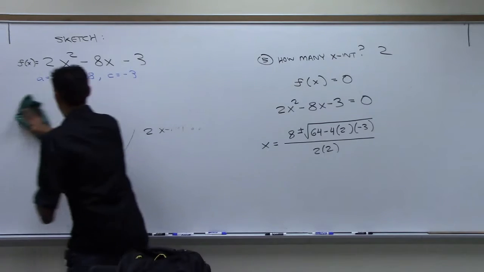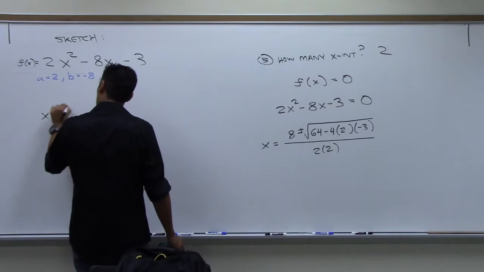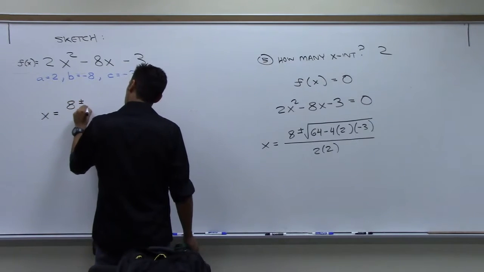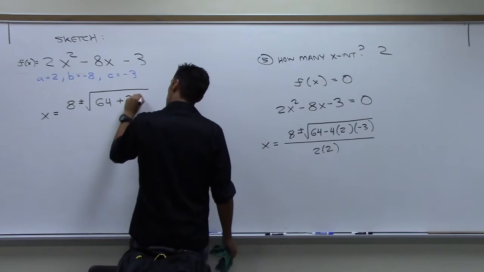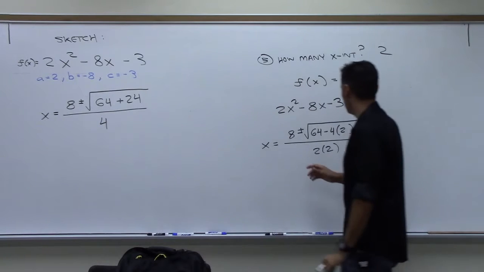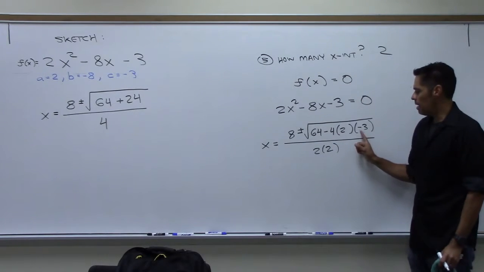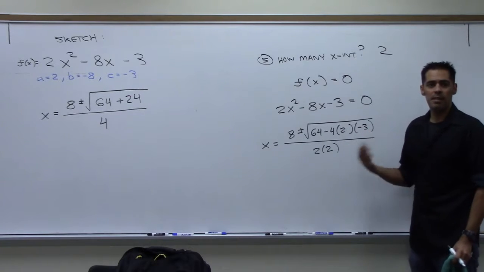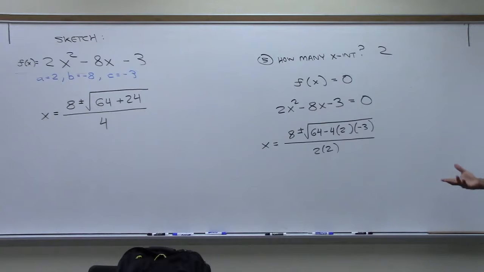I continue. So I have x must equal 8 plus or minus square root 64 plus 24 over 4. So this is where, if you want to do it the other way, you would just say, okay, how many negative signs do I see here? I see 2 of them. If you see an even number, then it's positive.